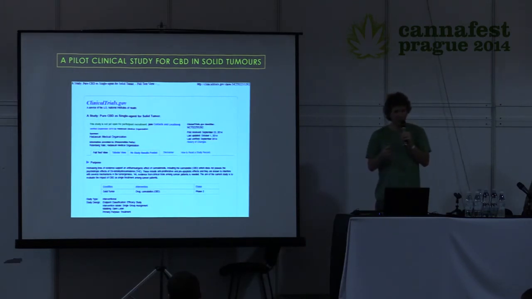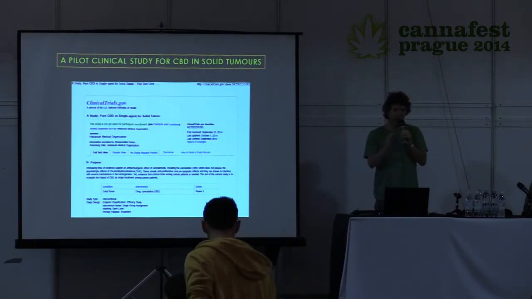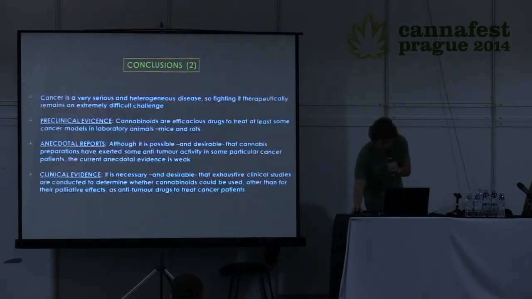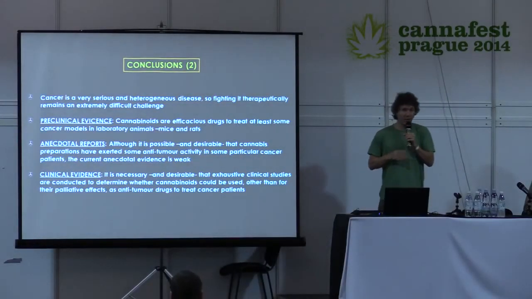So it will not give precise information, but it will give very nice hints as to whether cannabidiol can be effective in this or that type of cancer. But again, we will have to wait about 2-3 years to have the data of this trial and see what's going on. So in the meantime, this is what we know.